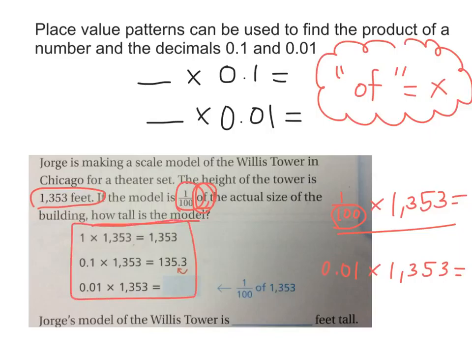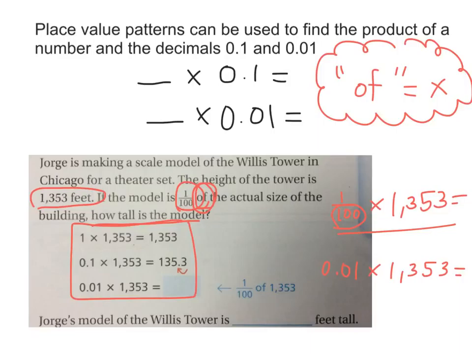1 times 1,353 is? 1,353. 1/10 times 1,353, the decimal point moves 1 spot over to the left. It equals 135 and 3/10. Now what about 1/100th of 1,353? How many spots over to the left am I moving the decimal point? 2 spots.